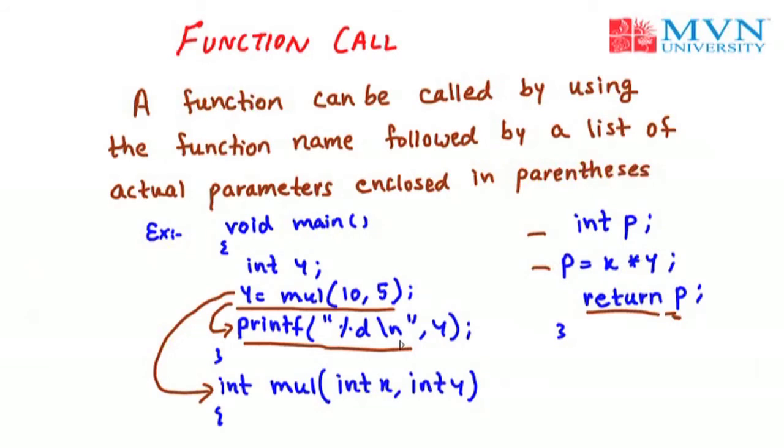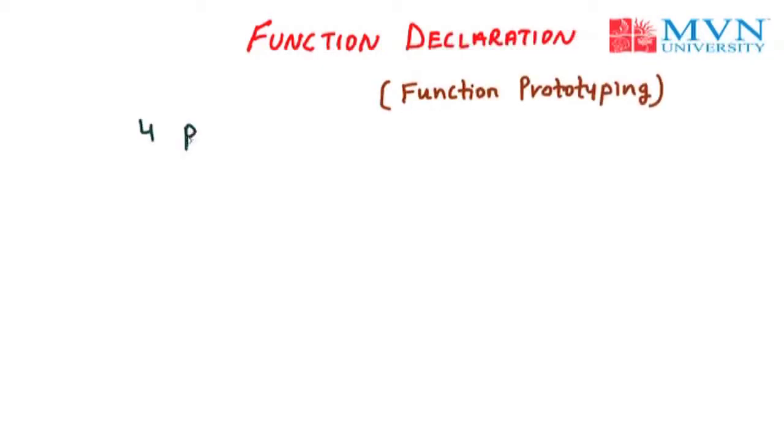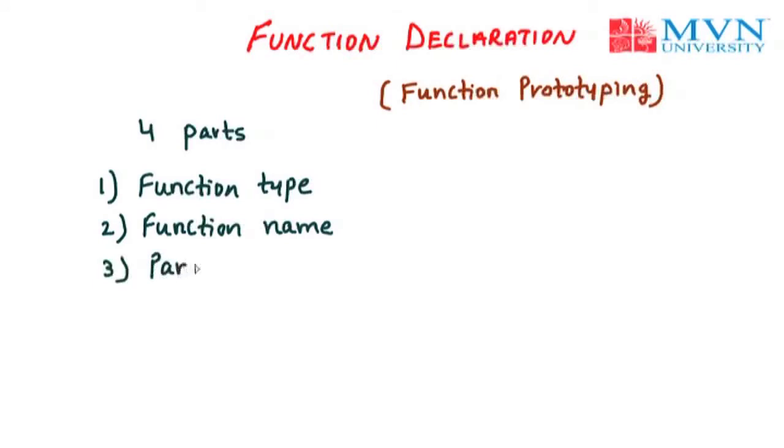The last element regarding function is function declaration. All functions in a C program must be declared before they are invoked. A function declaration is also known as function prototyping. It consists of four parts: function type, function name, parameter list, and the terminating semicolon.